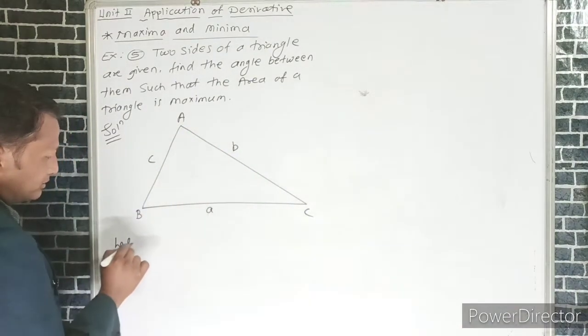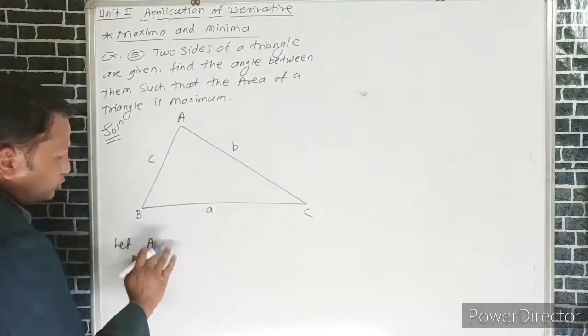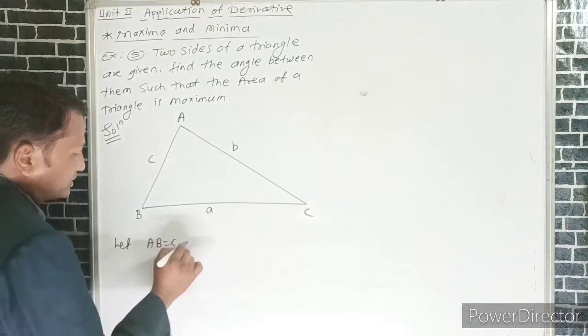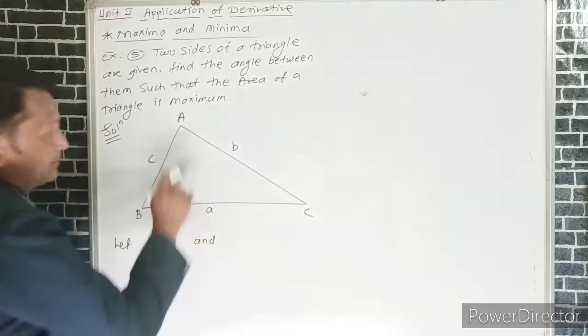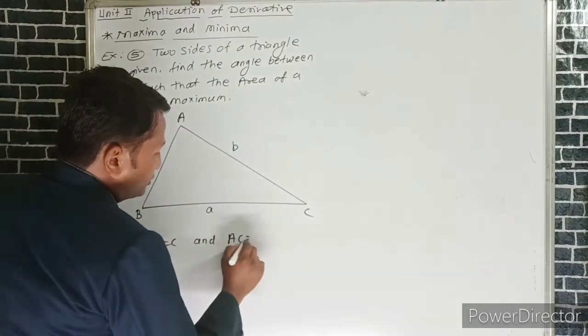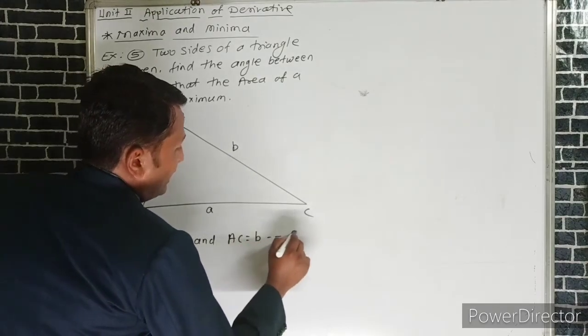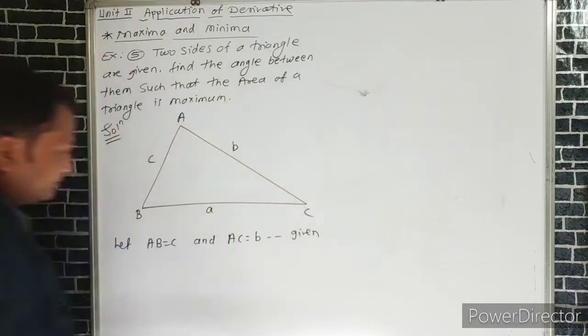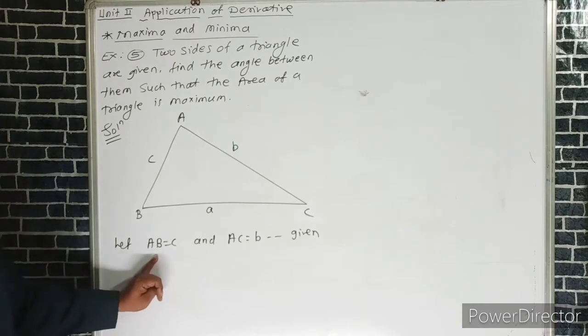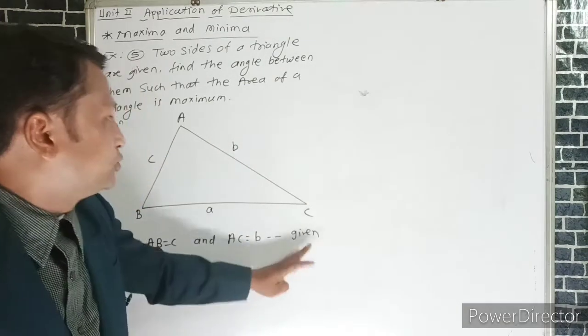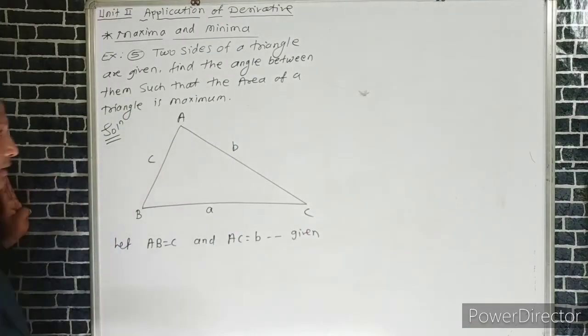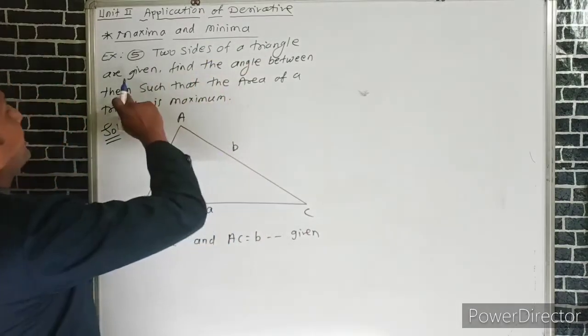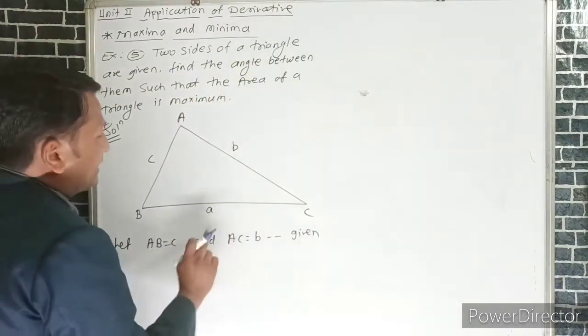Let AB equal c and AC equal b be given. The length of AB is c and the length of AC is b. These two sides are given. We have to find the angle between these two sides, AB and AC.